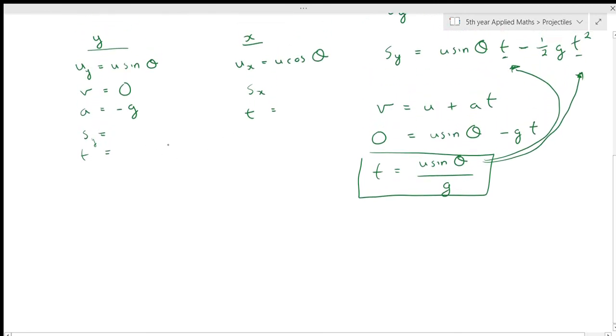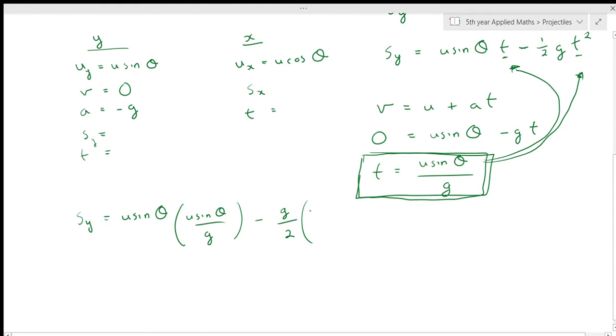So we'll move it over here to the left. We have Sy equals u sine theta, and now we're going to multiply it by our expression for t, because remember, this is the time taken to get to the top of its trajectory. U sine theta over g, minus a half g, so I'm going to write that as g over 2, and t squared, so that'd be u squared sine squared theta over g squared, because remember, everything in there is squared.